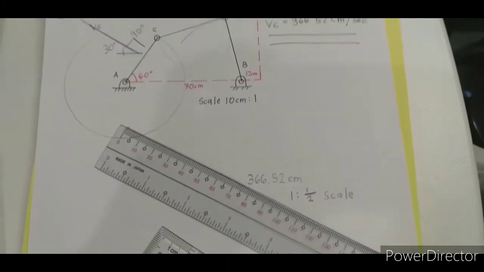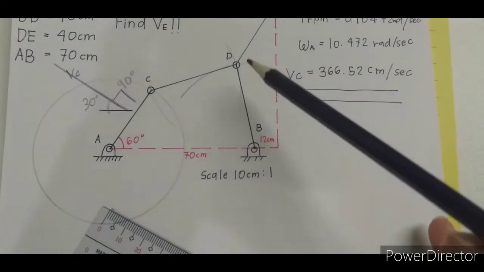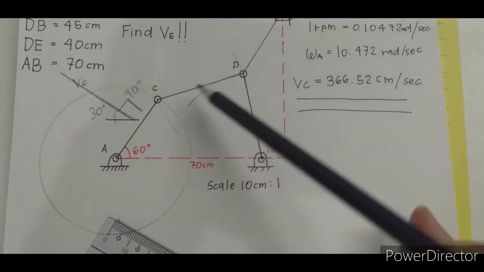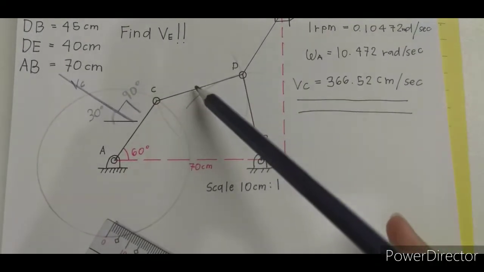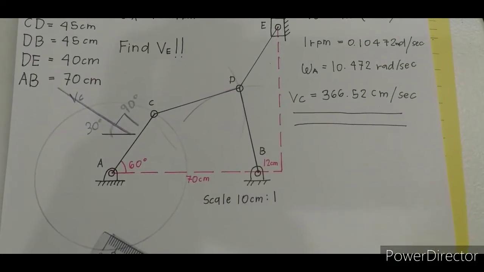183, roughly. Now next we need to do is draw lines perpendicular from BD and perpendicular from CD. This would represent, I'll show you in a minute.